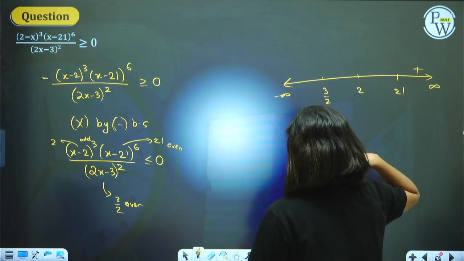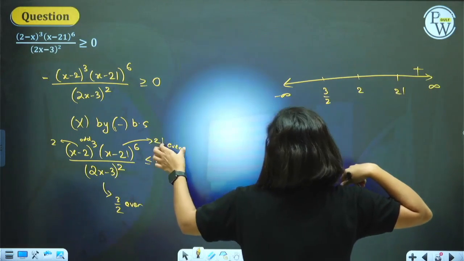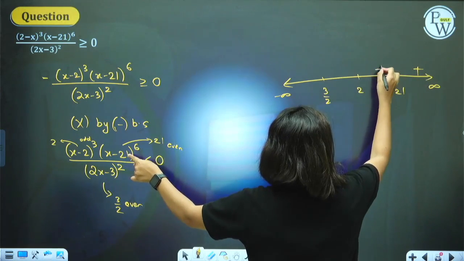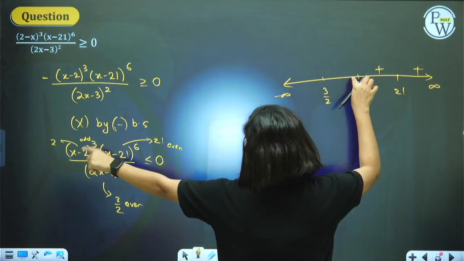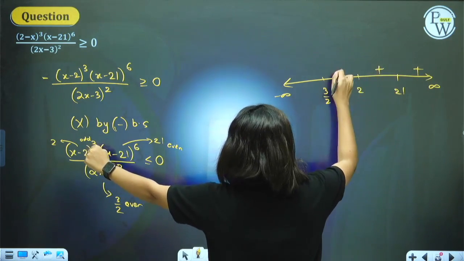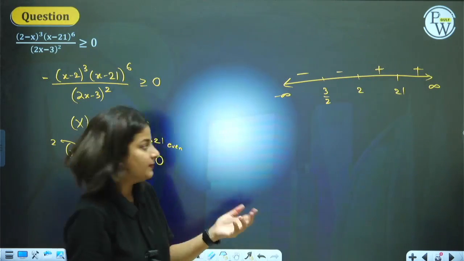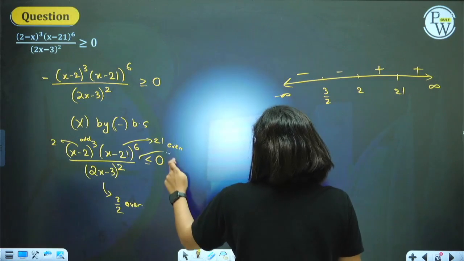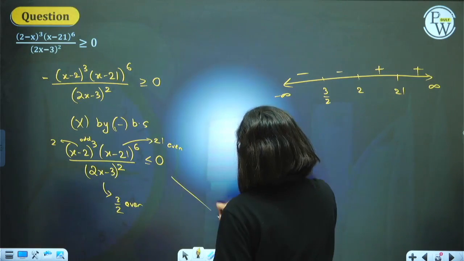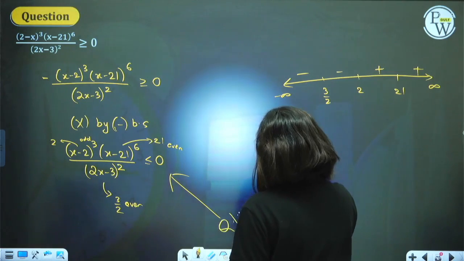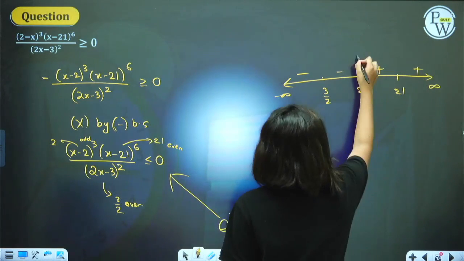Start with plus. 21 power is even, so plus continues as plus. 2 power is odd, plus becomes minus. 3 by 2 power is even, minus continues minus. We want less than equal to 0, guys. The target is here. This is your question now.